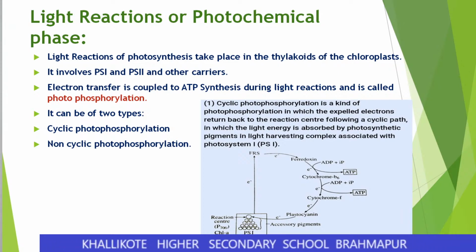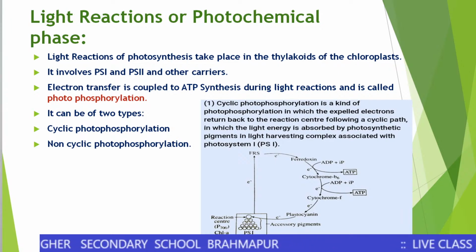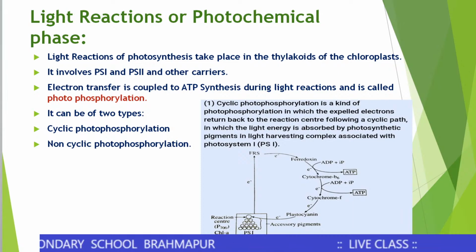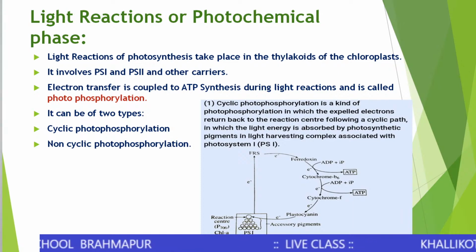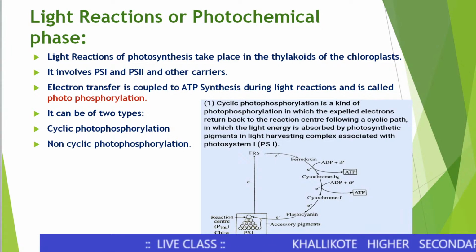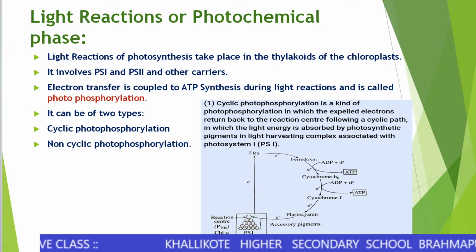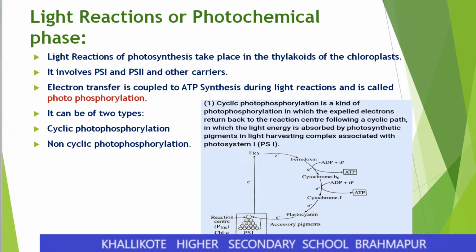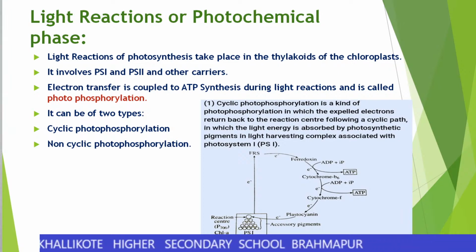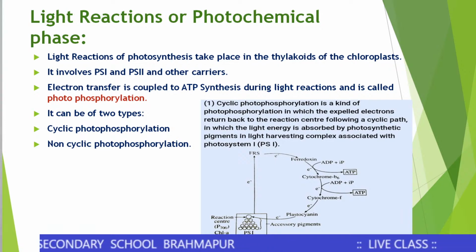So coming to the two photophosphorylation processes and how ATP can be synthesized in this process. Phosphorylation is the phenomenon where inorganic phosphate is added to ADP molecule, that is adenosine diphosphate.